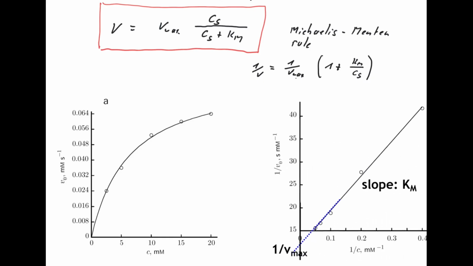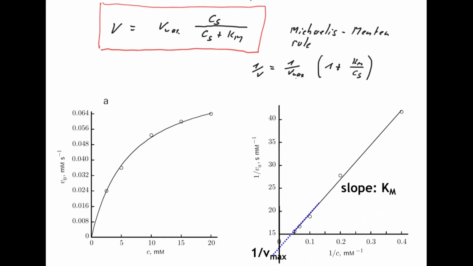So if we now plot 1 divided by v as a function of 1 divided by the concentration, we get a linear relationship, and that is called the Lineweaver-Burk plot, where from the slope we derive the Michaelis-Menten constant, and from the crossing with the y-axis we obtain the speed of the motor.